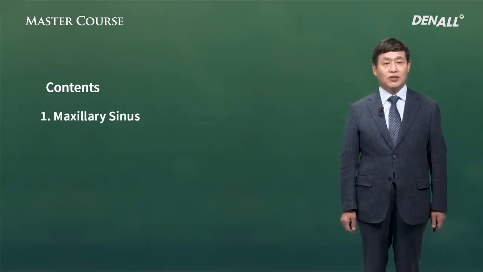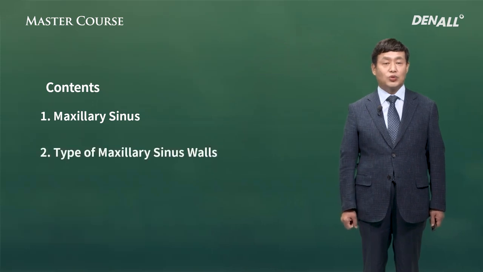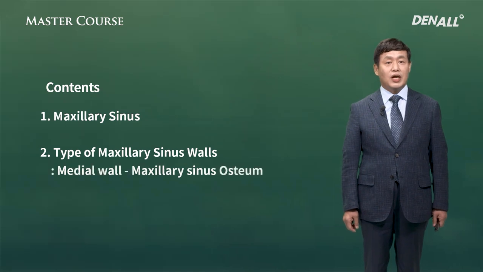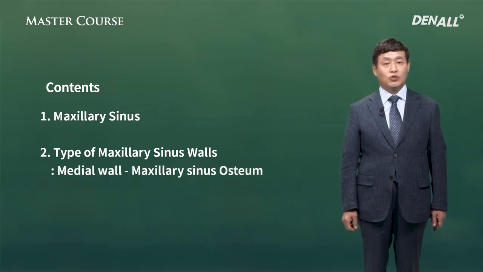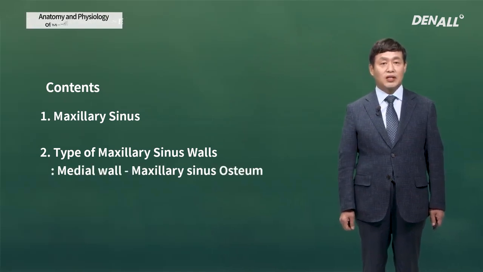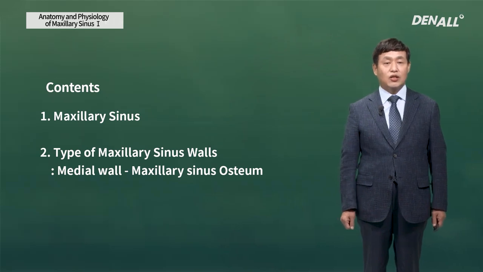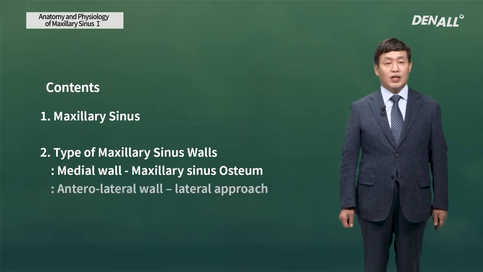So we have talked about maxillary sinus characteristics and the types of maxillary sinus walls, 5 of them. For the medial wall, the most important structure is the maxillary sinus ostium. It connects the maxillary sinus and nasal cavity.